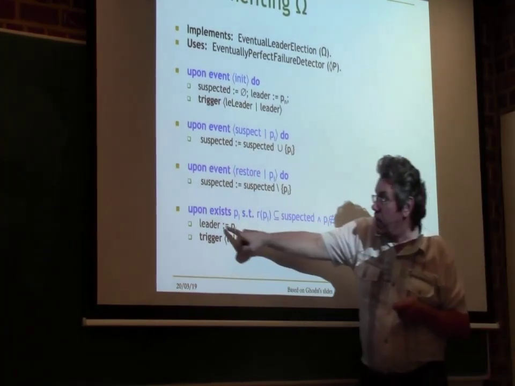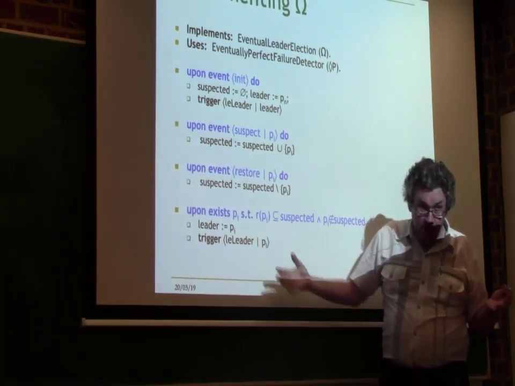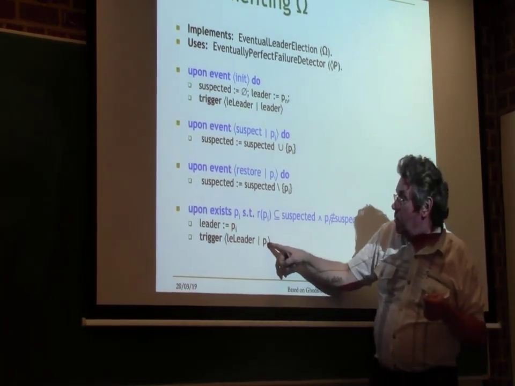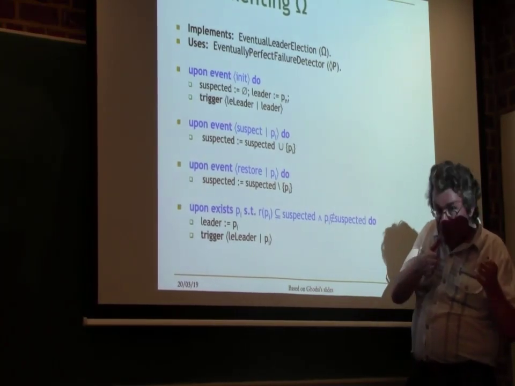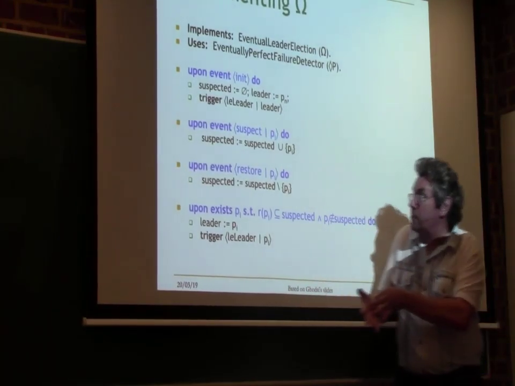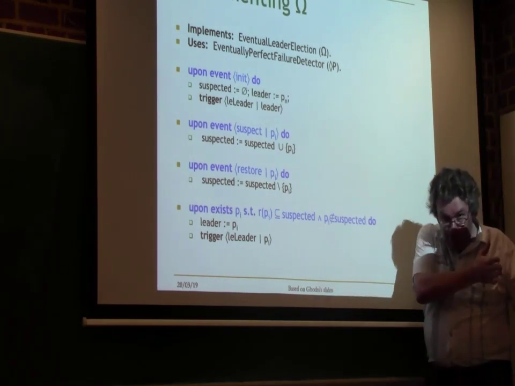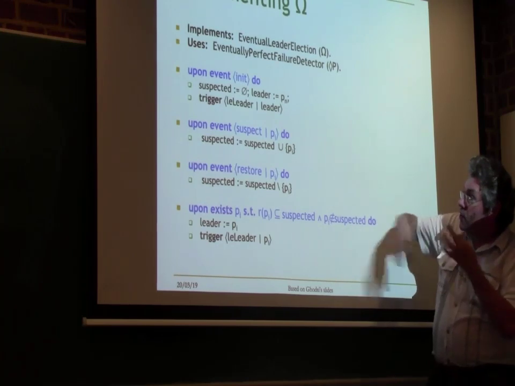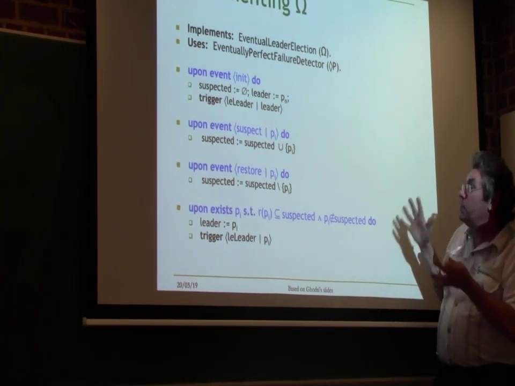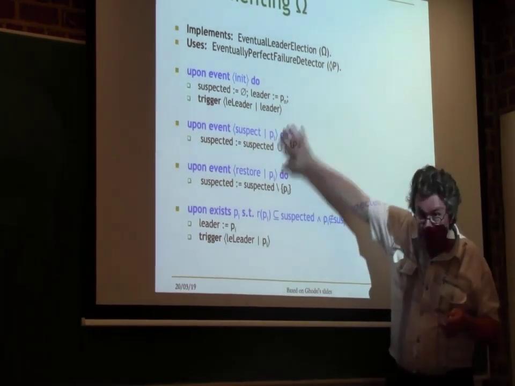So here, if we elect this leader, it actually might be a mistake, because the eventually perfect failure detector can make a mistake. But because we know the eventually perfect failure detector only makes mistakes for finite time, after that no more mistakes, once it starts being completely correct, then this one will also be correct.